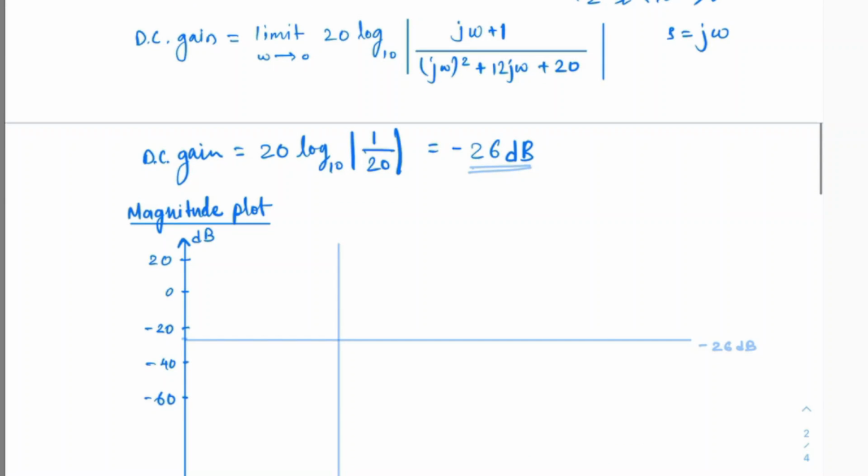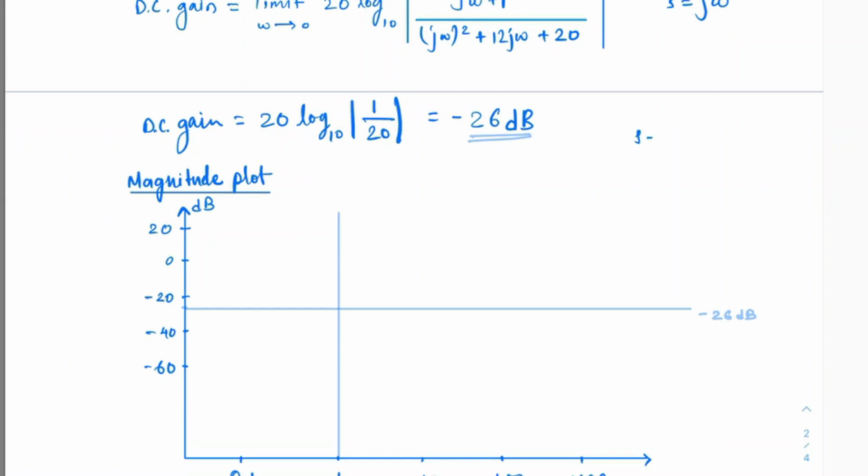The first one we have is s plus 1. Since this is in the numerator, the slope of it would be positive. Since it is first order, the slope would be plus 20 dB per decade.